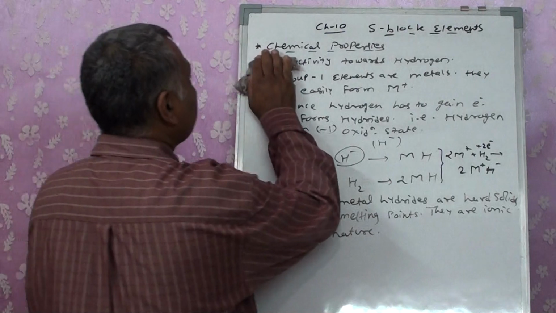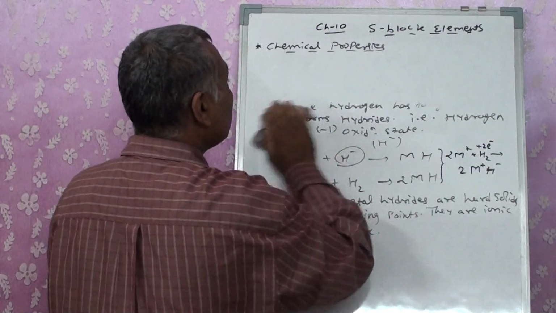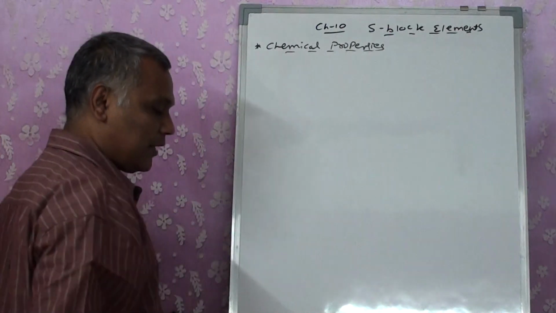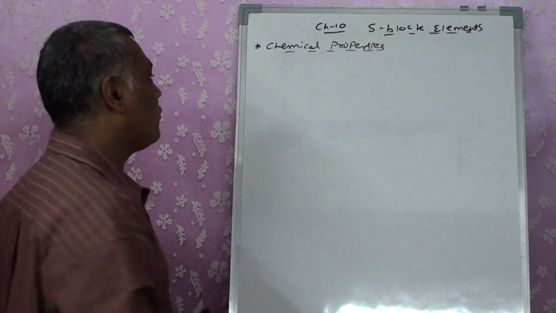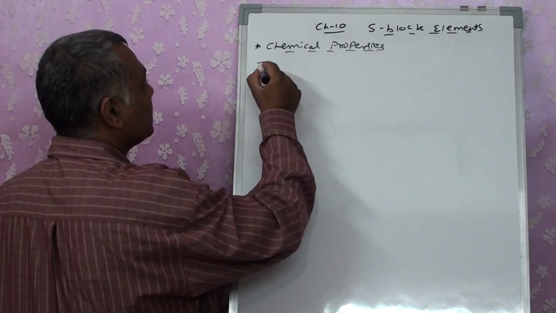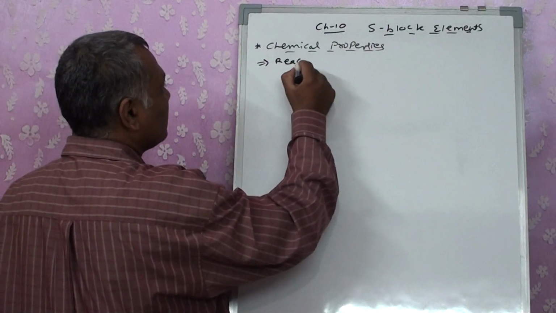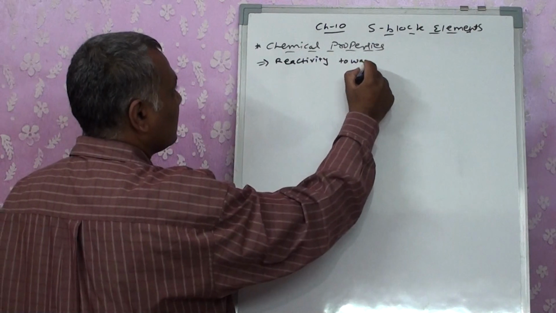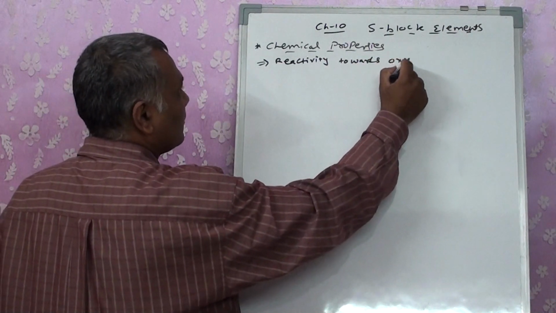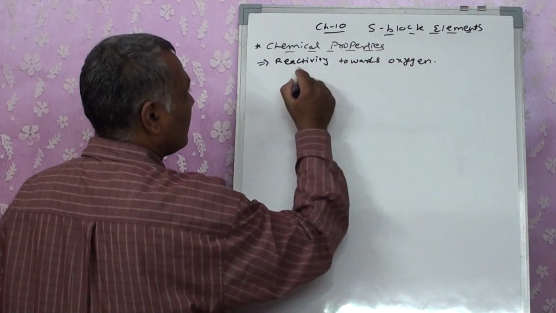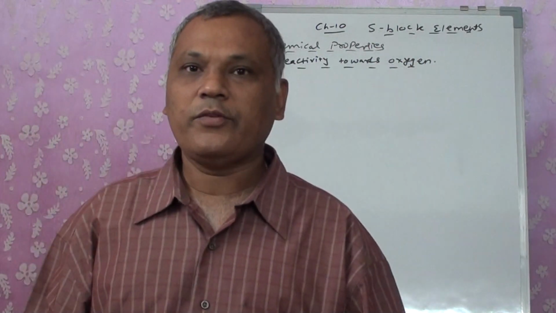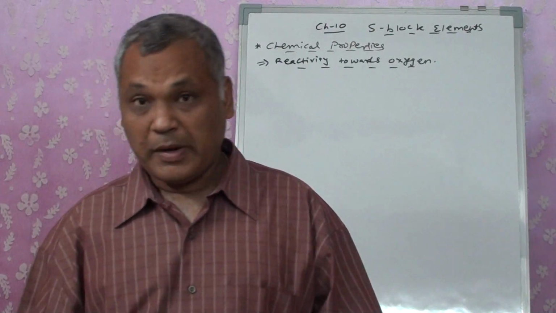Okay, next, reactivity towards oxygen, right? We got the one with hydrogen. Next one, we will study the reactivity towards oxygen. Again, all these metals are going to react with oxygen to form metal oxides.